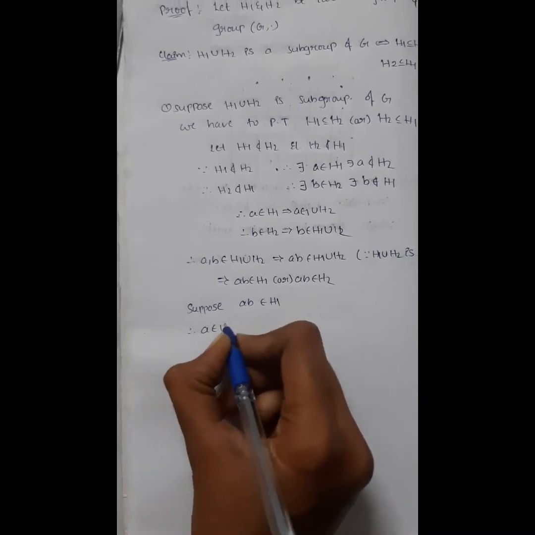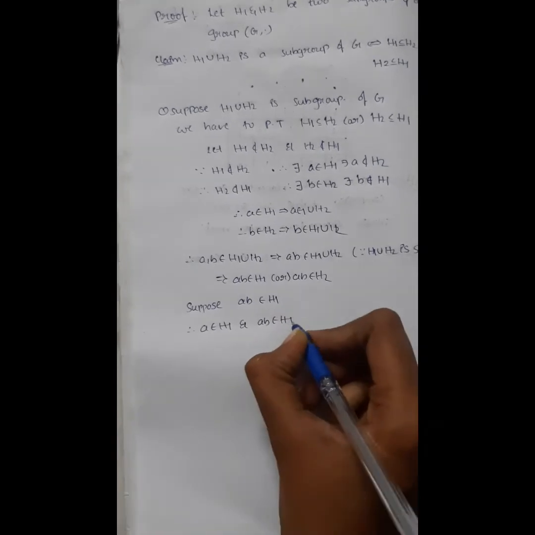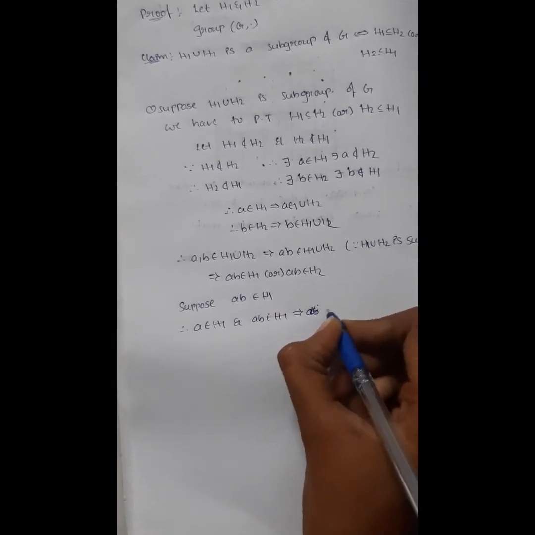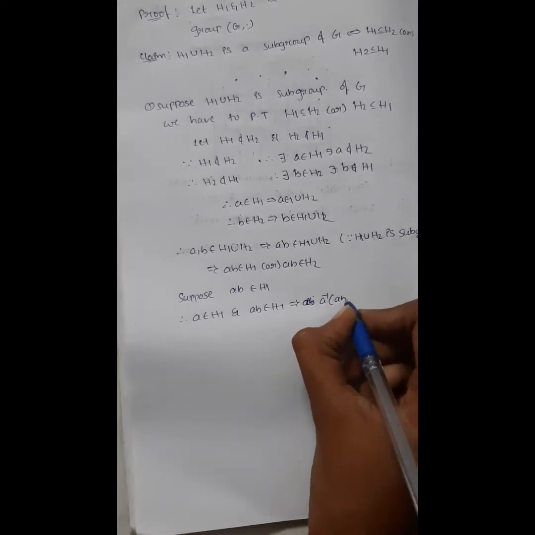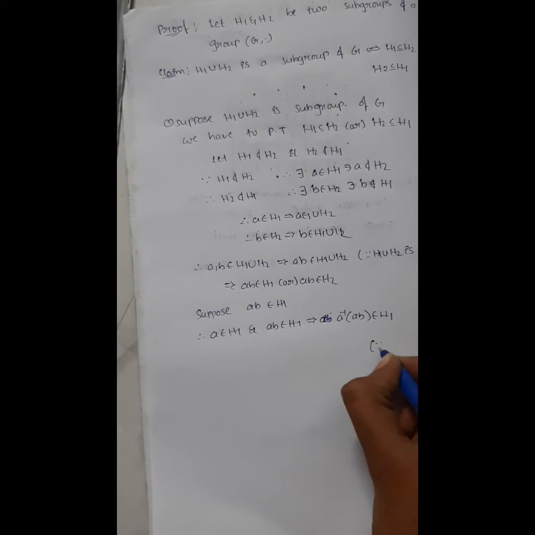Since A belongs to H1 and AB belongs to H1, A inverse of AB belongs to H1, where H1 is a subgroup.